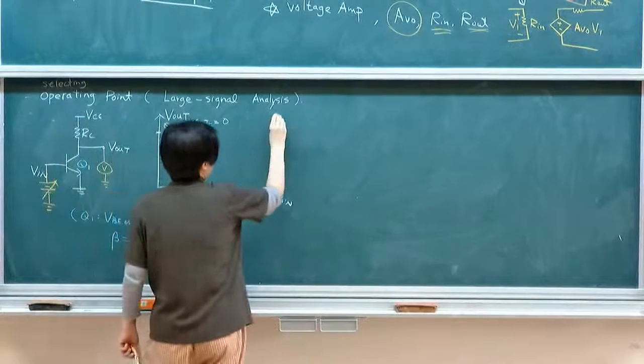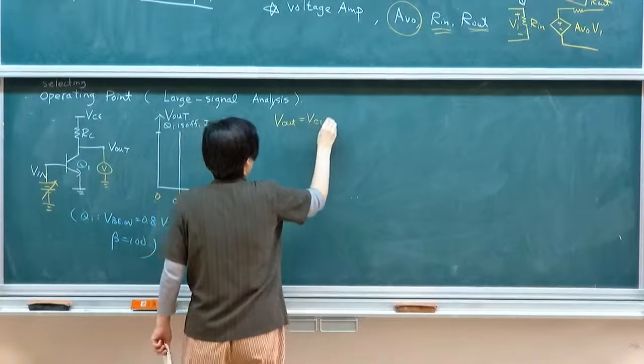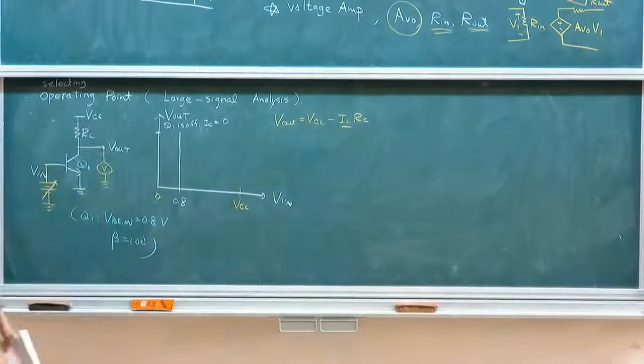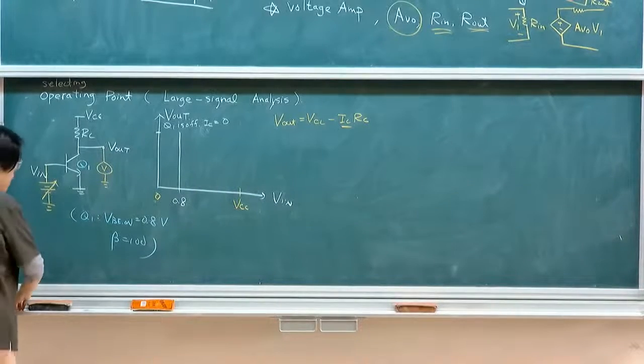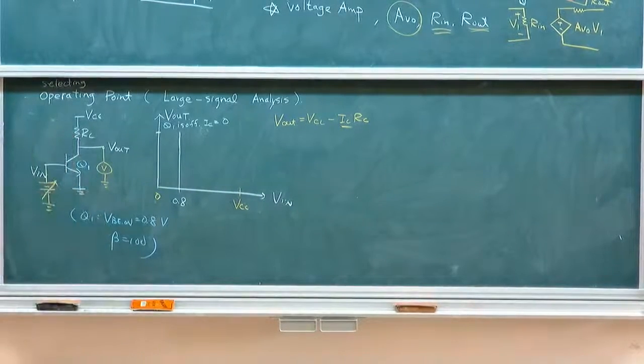Therefore, my output by DC is VCC minus IC RC. So since IC is 0, I should stay at VCC. Let me use a different color.